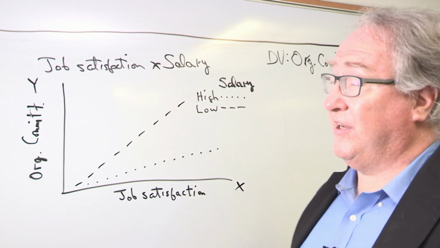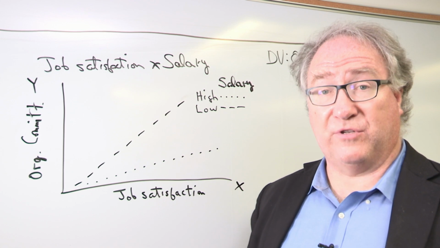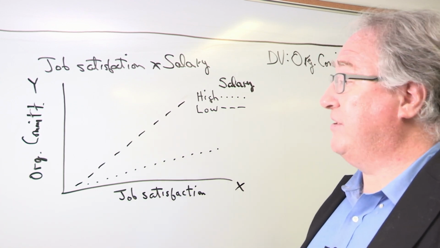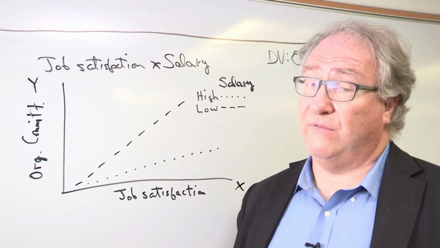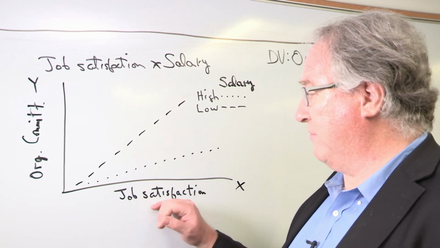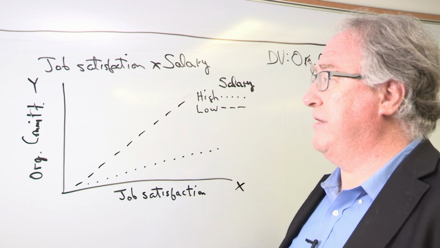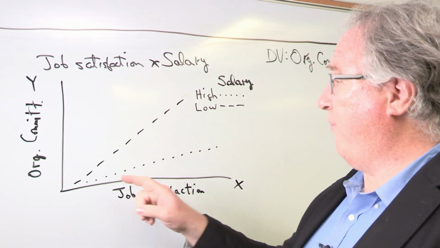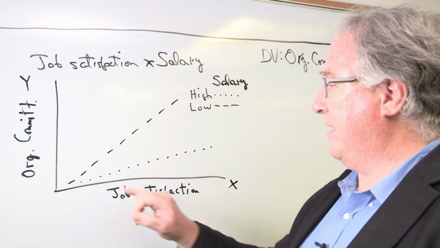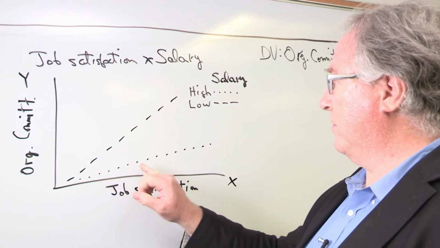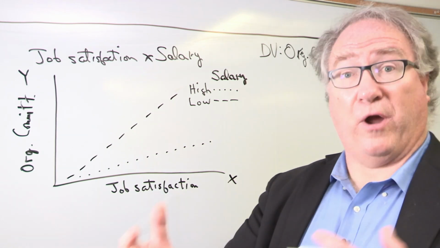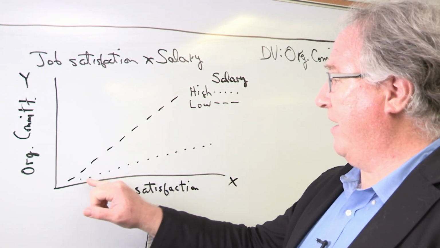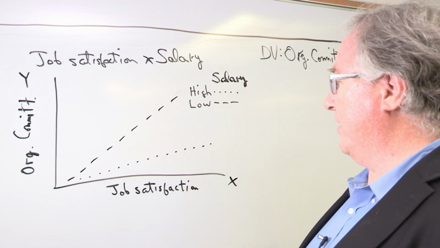And if we get a significant two-way interaction of job satisfaction by salary in this example, then we see we have two effects, not just one effect of job satisfaction on organizational commitment, but two effects, one for low salary employees and the other for high salary employees.